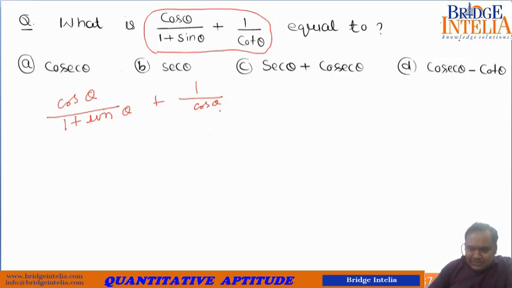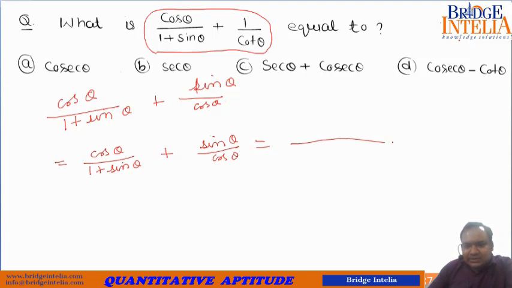So this sine theta will go up and become the numerator. So the expression now takes this form: cos theta by 1 plus sine theta. This whole term is added to sine theta upon cos theta. So let's add these two terms. So you can take the LCM in the denominator.